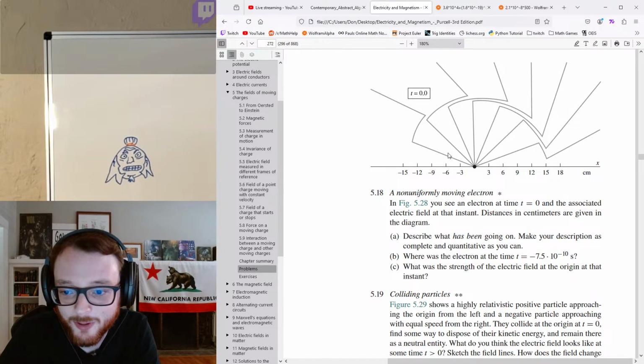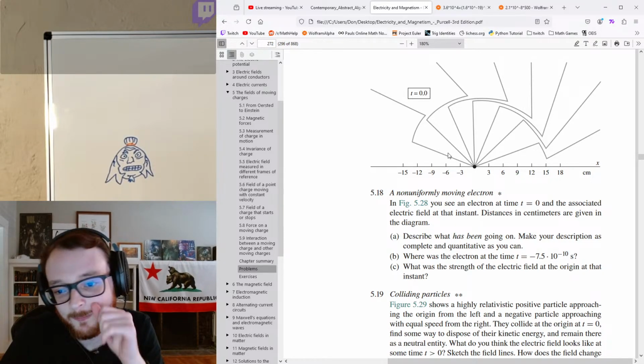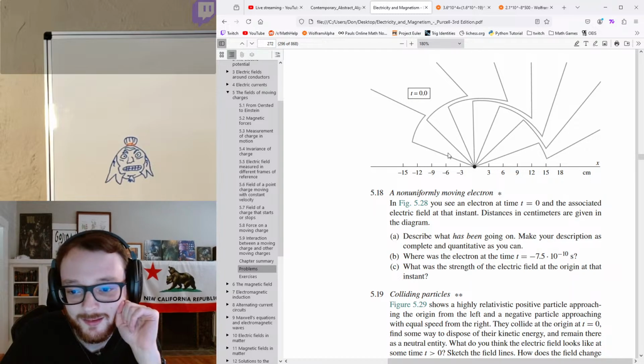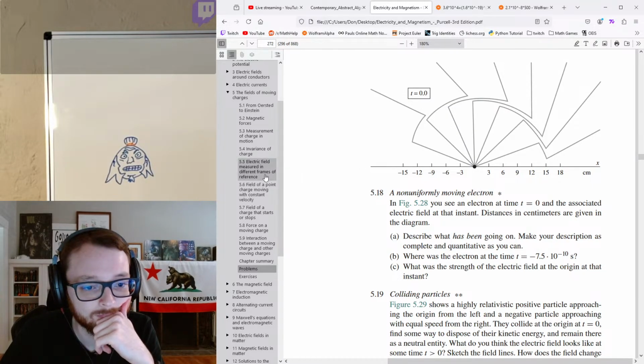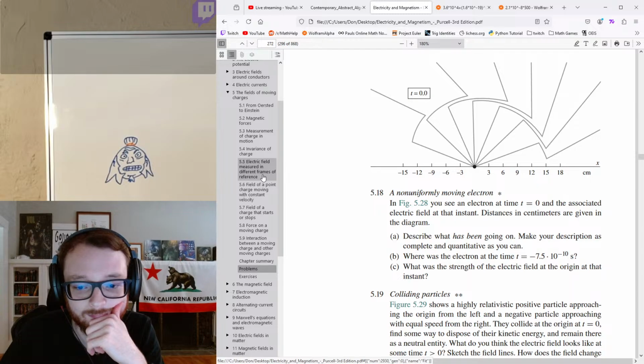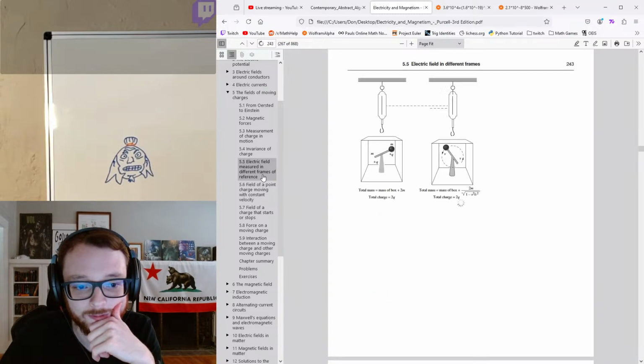Describe what has been going on. So I assume the electron was moving. You have to figure out what path and at what speed this thing was moving to make a field like this. That's a pretty crazy field. Looks like a cool question though.